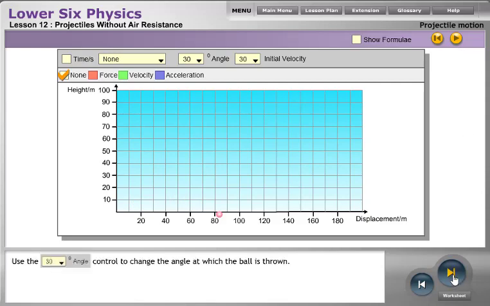Use the angle control to change the angle at which the ball is thrown.